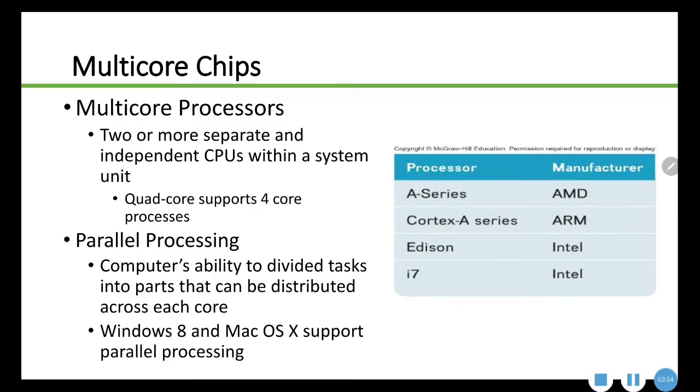For example, Windows 8 and Macintosh OS X support parallel processing, and these are the names of manufacturers for different processors. For example, the i7, the manufacturer is Intel, and also Atom, the manufacturer is Intel. And if you have heard of AMD, the processor is called A series.